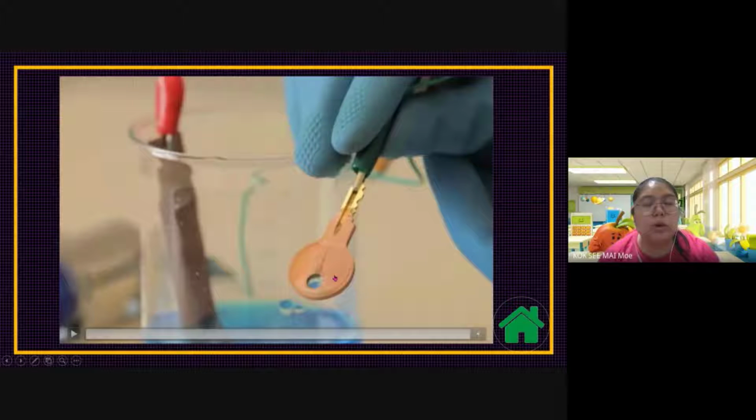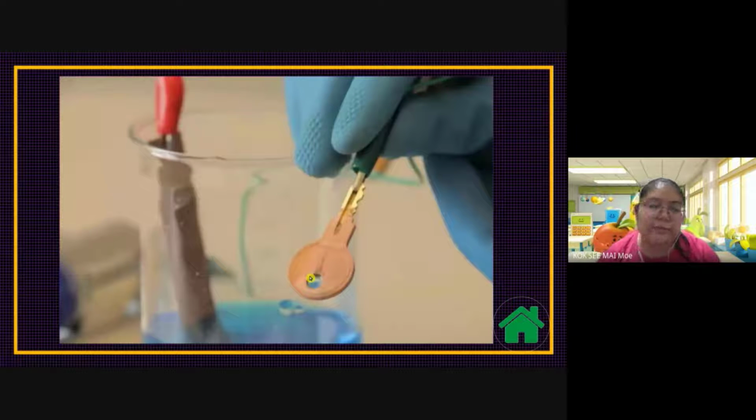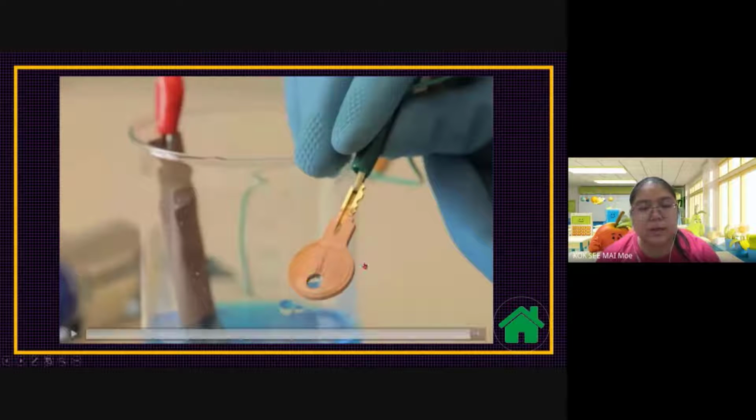They just want to plate something onto another metal to make the metal look more attractive. For example, your nail. You have used the nail many times already, then after that it got rust. After that, you want to reduce all the rust, then you can use electroplating.